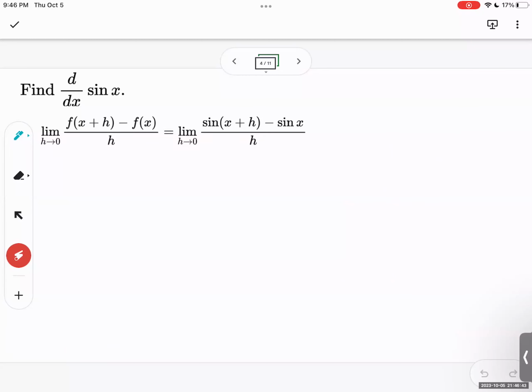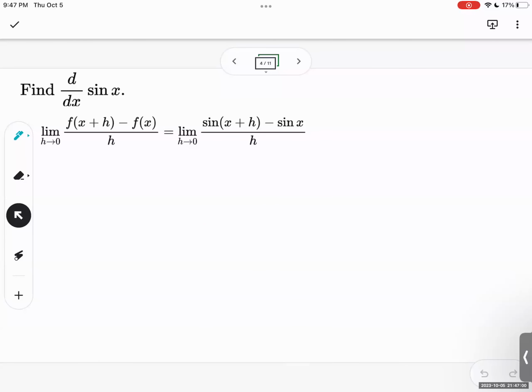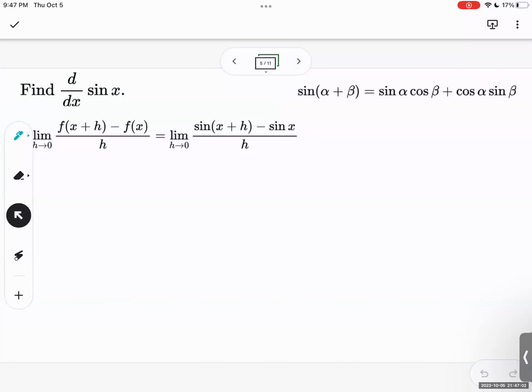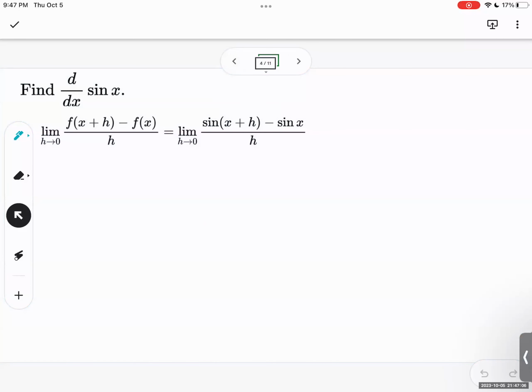So now we're going to use one of those identities or two, and that definition. To find the derivative of sine x, we have the definition of the derivative.